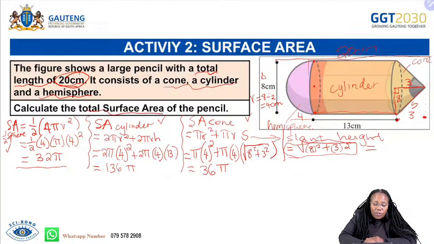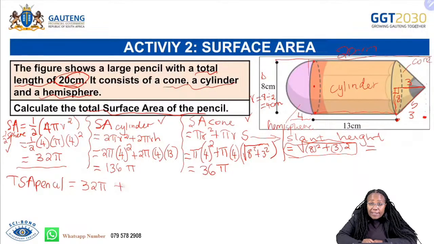But we need the total surface area of a pencil. So the total surface area of a pencil will be the surface area of the half sphere, that is 32 pi, plus the surface area of a cylinder, 136 pi, plus the surface area of a cone, that is 36 pi.